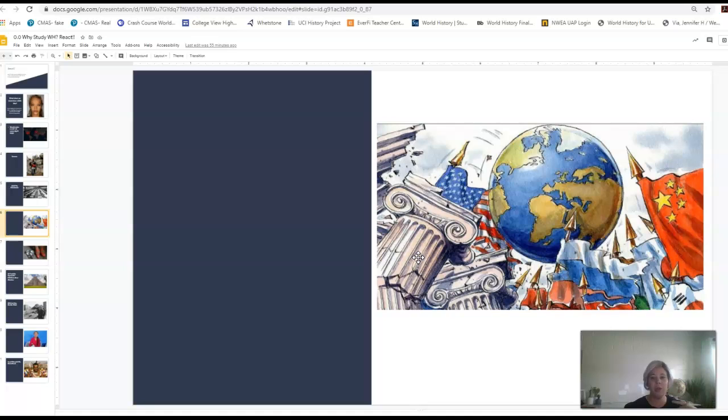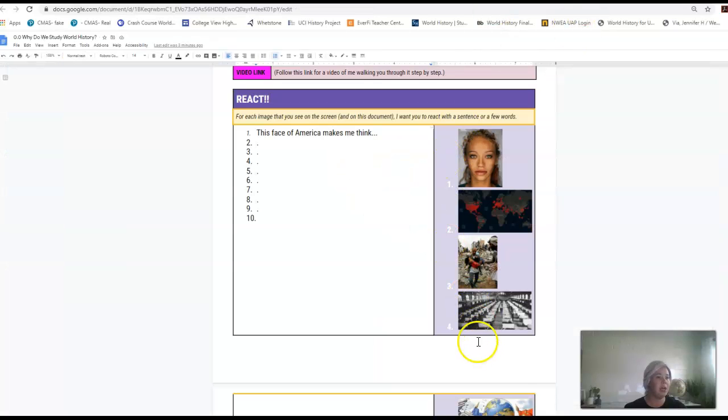So we know that Greece is the foundation of democracy. How do the crumbling pillars of democracy and this bouncing ball of the world help us understand why we study world history? You're responding to that here in line 5.